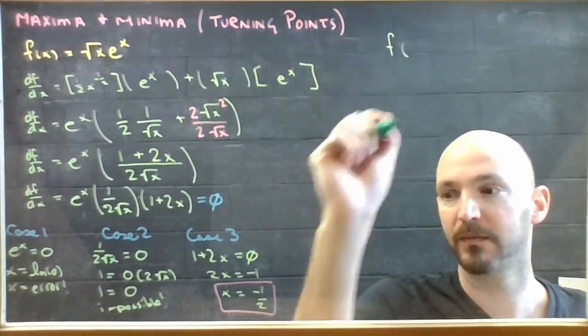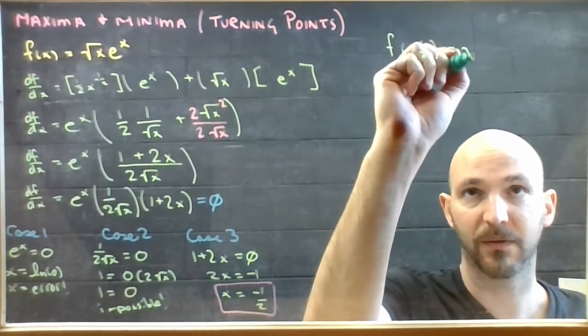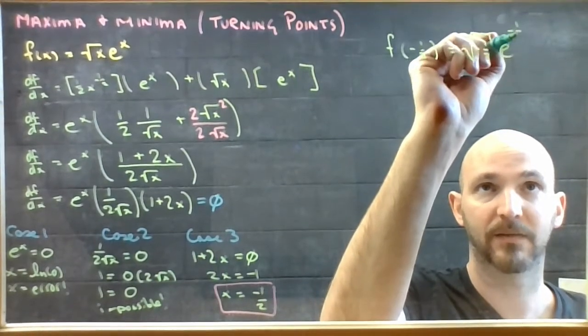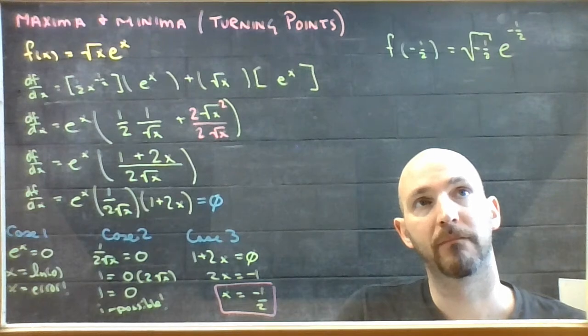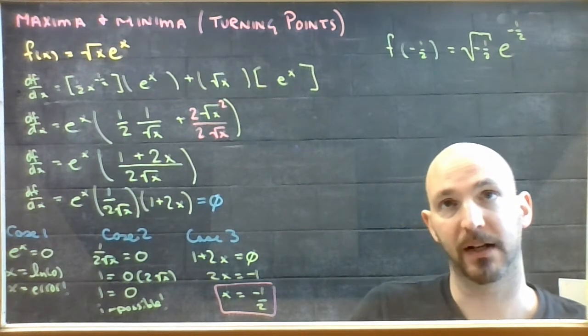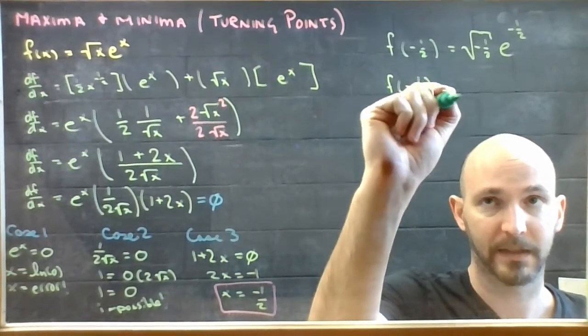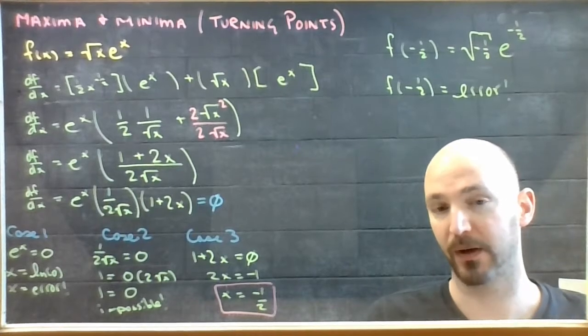F at negative 1/2 would be square root of negative 1/2 e to the negative 1/2. So I put that in the calculator and I try to work it out, and I will find out that this thing is an error because you can't square root negative numbers.